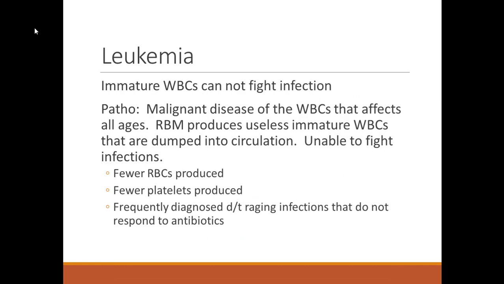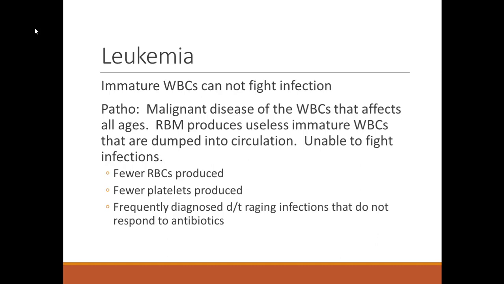So in leukemia, the red bone marrow actually dumps these immature white blood cells into circulation, called blast cells or lymphoblasts. And since they're immature, they can't fight off infections.